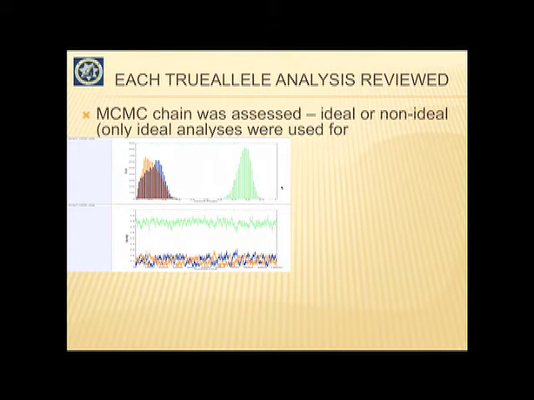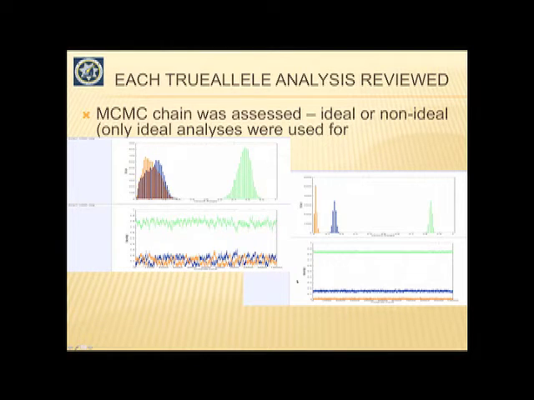I would expect that because it's a complex three-person mixture. The lower panel is the history of the MCMC sampling, this Markov chain. Again, there's a great deal of sampling, and I would expect that given the complexity of this mixture. So this is termed ideal.